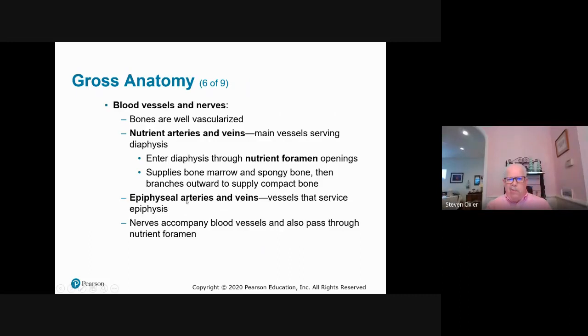So if you break a bone, you can break an artery. You break an artery, if it's a big one, you can bleed to death. As I said before, if you break a femur, the upper bone of your lower leg, you could bleed to death. That's very, very important.